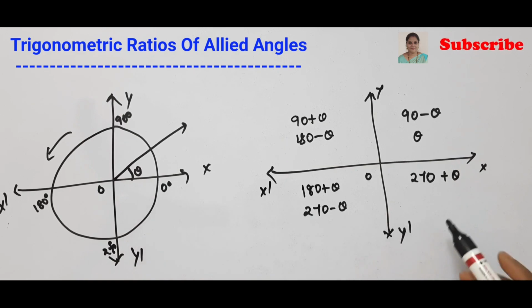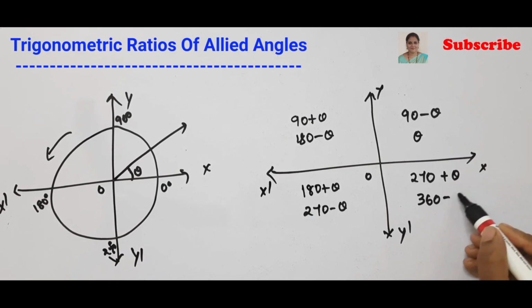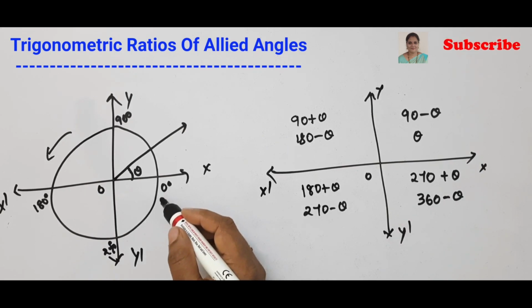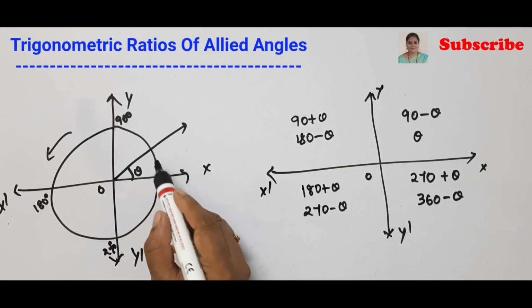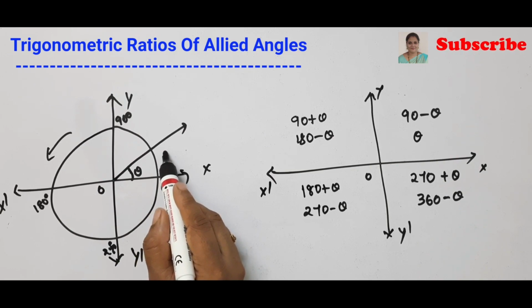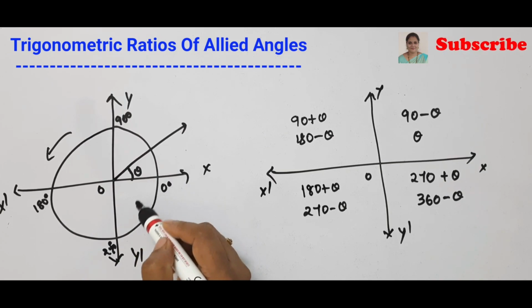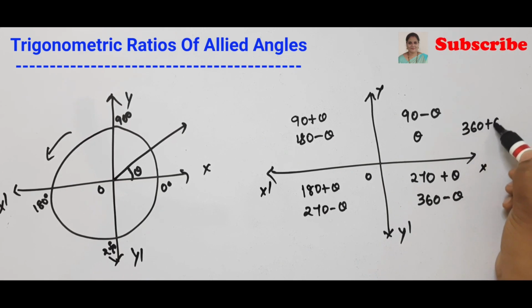So 360 degrees means the angles will be 360 minus theta. When it completes one circle and moves on, in this quadrant the angle will be greater than 360. So here the angle will be 360 plus theta.